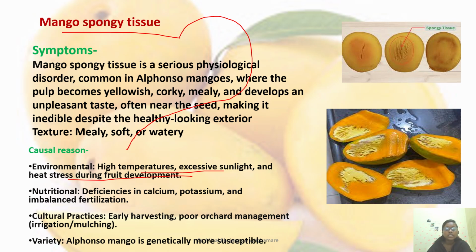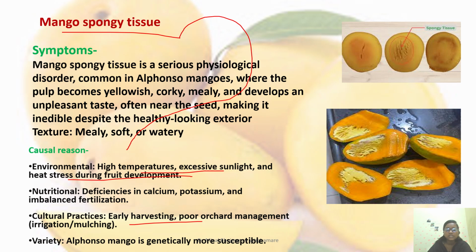Again, deficiency of calcium and potassium and imbalanced fertilization lead to spongy tissue of the mango. Coming to cultural practice, early harvesting, that is, harvesting the fruit without proper maturity, also leads to spongy tissue. And Alphonso is a mango variety that is genetically more susceptible to this disease. So if you want to avoid this disease, we have to avoid the Alphonso variety also.